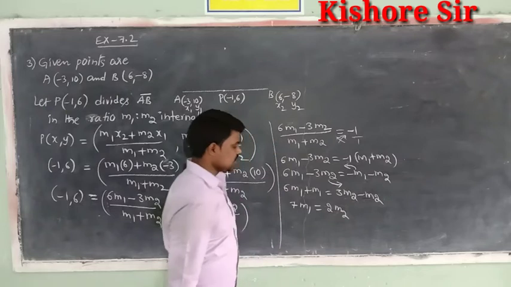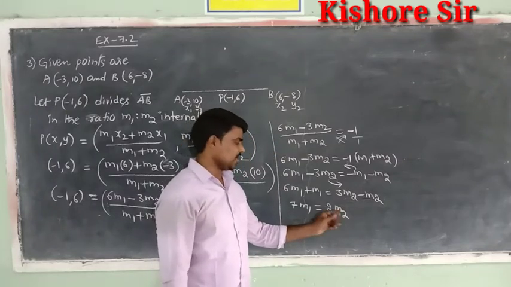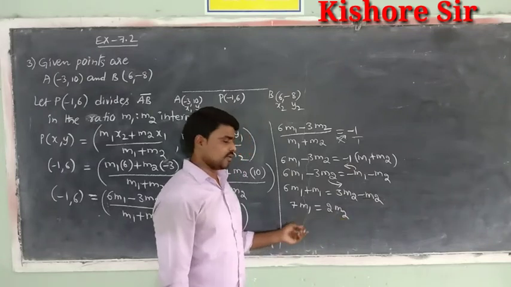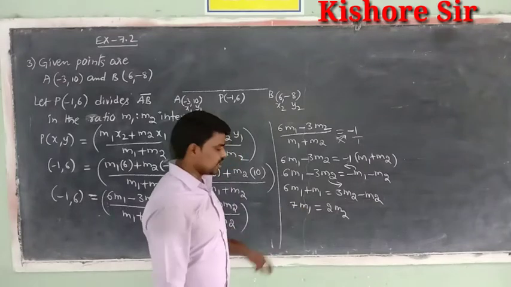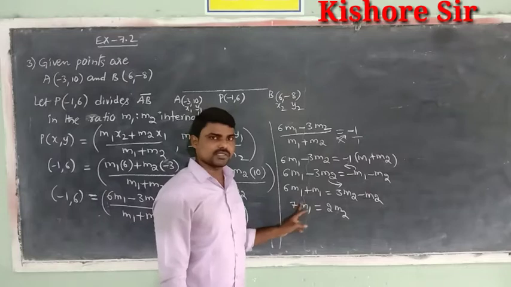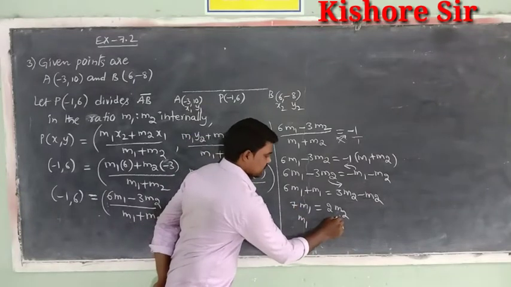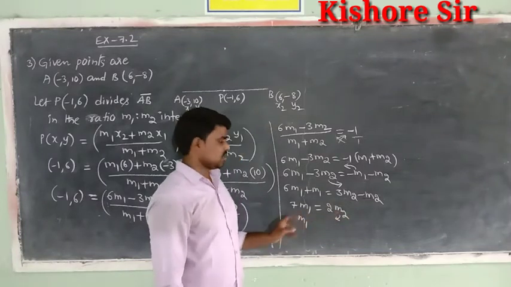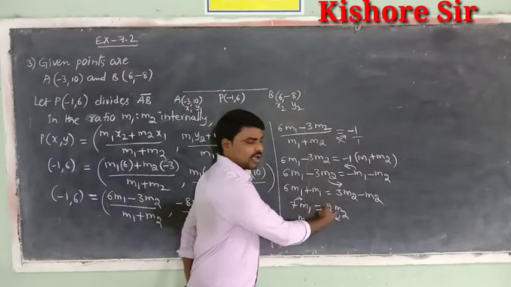See here, 2 into m2: multiplication becomes division. Similarly 7 into m1: 7 is multiplied, so it becomes division. So transpose m2 from RHS to LHS and transpose 7 from LHS to RHS.